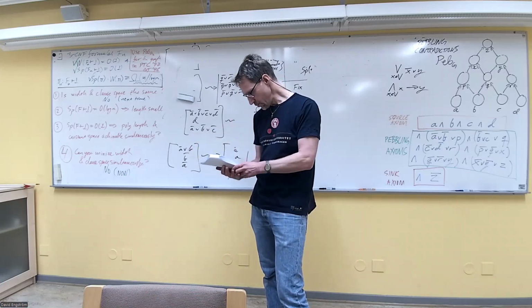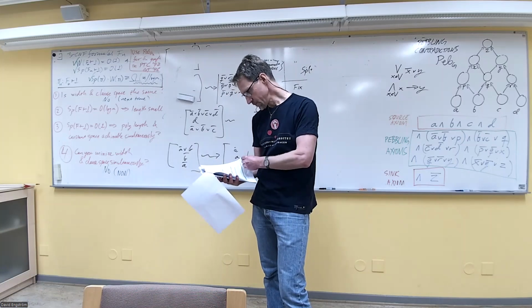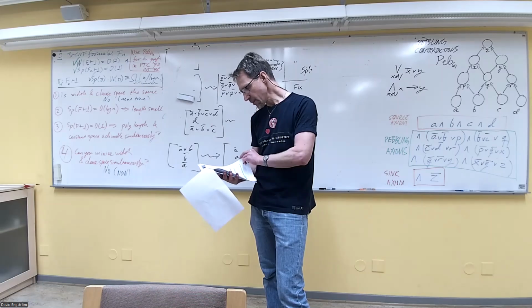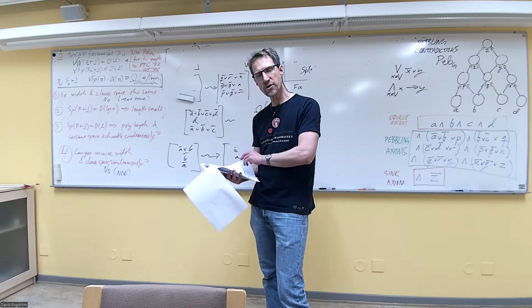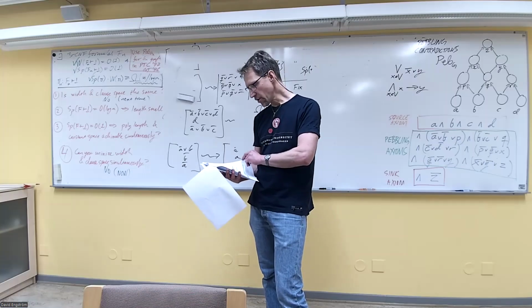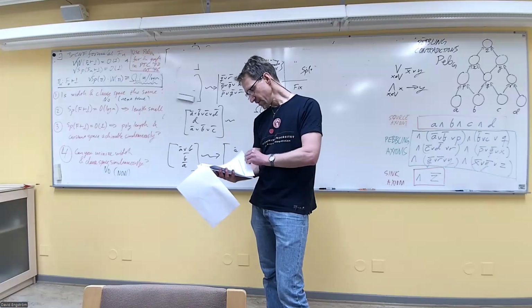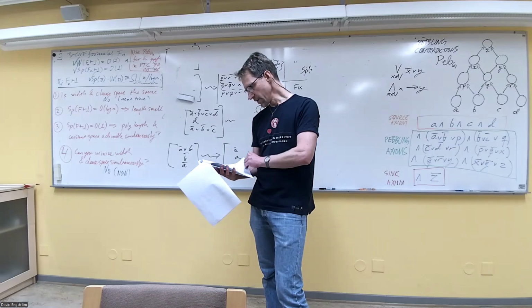What do you think about that plan? So we're going to prove next time, I think, that two things, namely width and clause space, are not at all the same. There are formulas that are very, very hard for clause space, but are trivially easy for width.